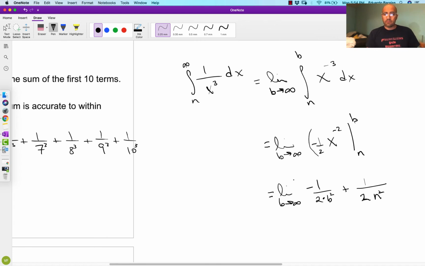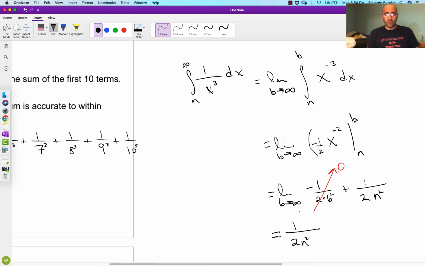And the limit as b goes to infinity of this term is going to go to 0. And n is not affected by b, so the whole thing is just going to go toward 1 over 2n squared. Good? That's what this is.